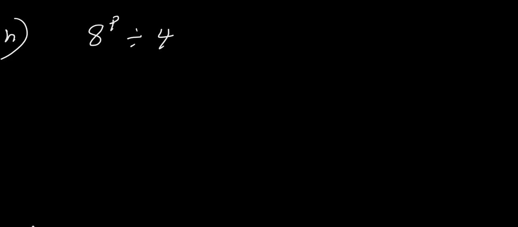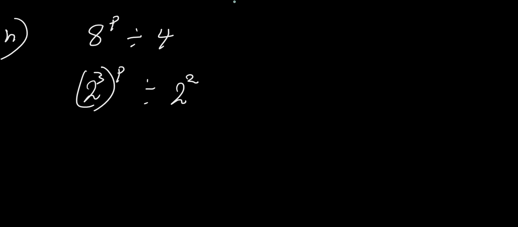All right, question H, we have 8 exponent p divided by 4. So all we have to do is to change 8 to 2 exponent 3, and 4 to 2 exponent 2.